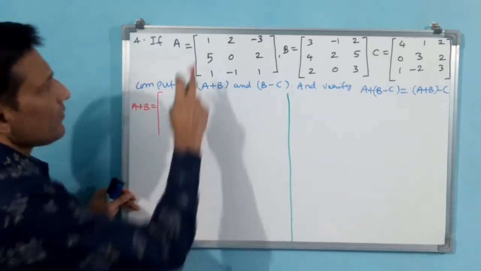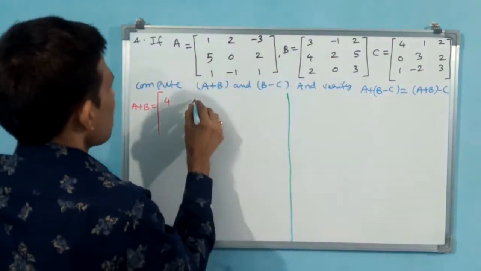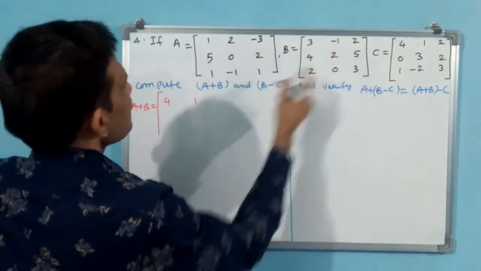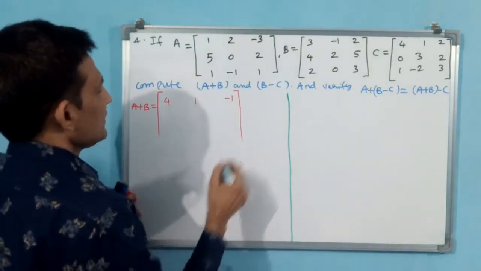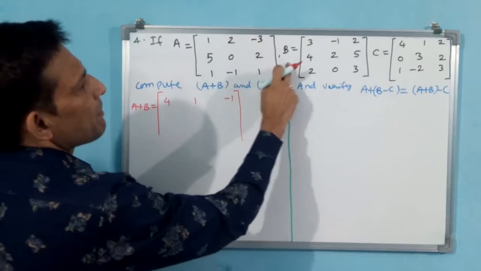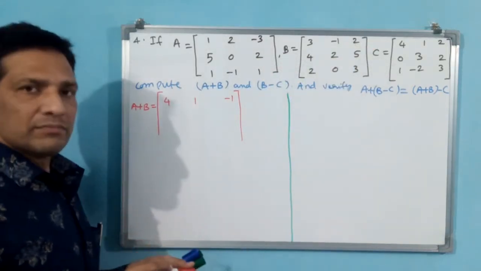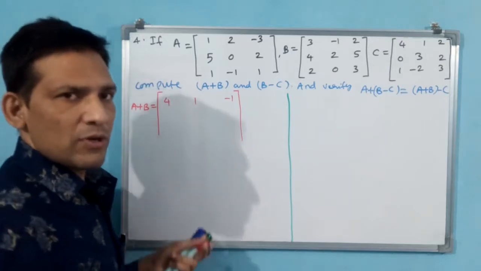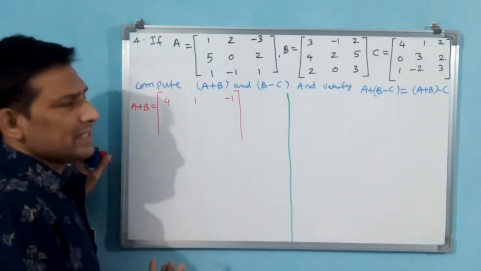Okay. 1 plus 3, 4. 2 minus 1, 1. Minus 3 plus 2, minus 1. Now plus you are doing. Shall I write directly, or directly also we can write? Now you have got experience. Normal plus only, plus minus we can write directly.